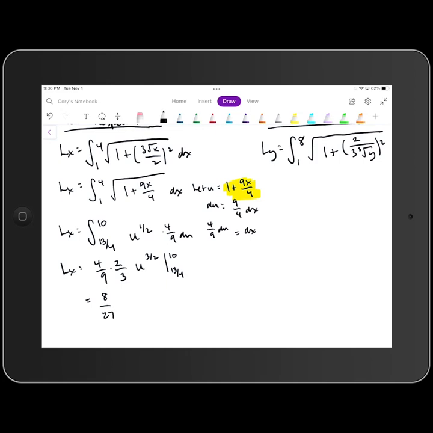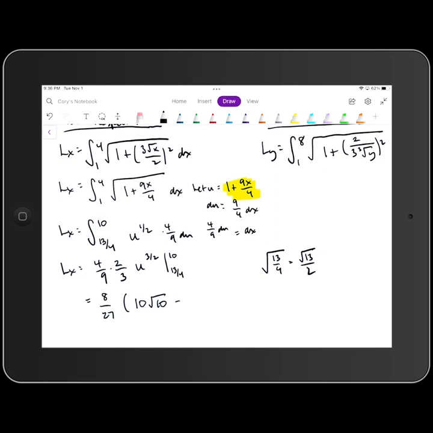10 to the 3/2 power is like saying the square root of 10 cubed, which is 10 rad 10, minus 13 over 4 to the 3/2 power. That's like taking the square root of 13 over 4, which is rad 13 over 2, and then cubing that result.